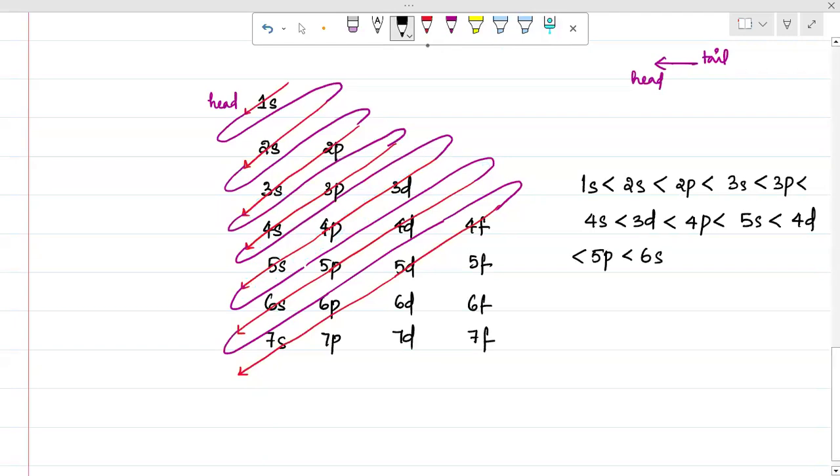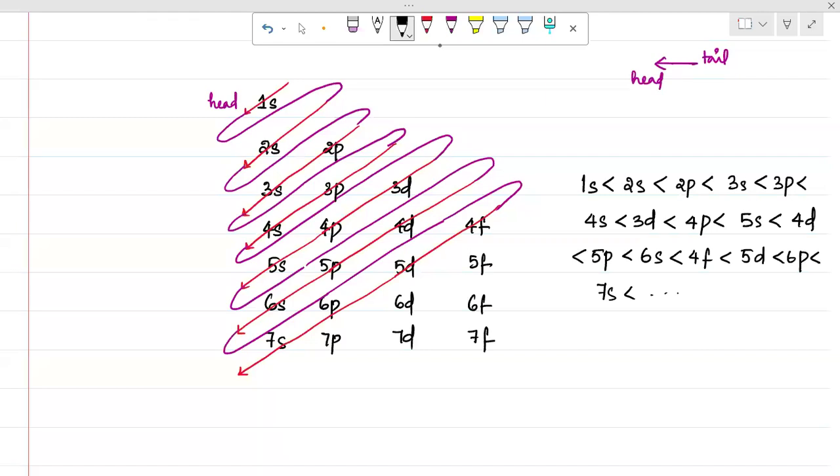After which, from 6s, it goes to 4f, 5d, 6p, 7s, and so on. You can continue it. So this is the easiest way to fill the electrons in the subshells.